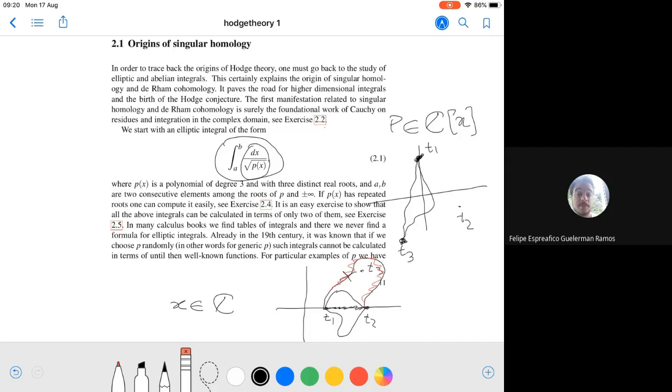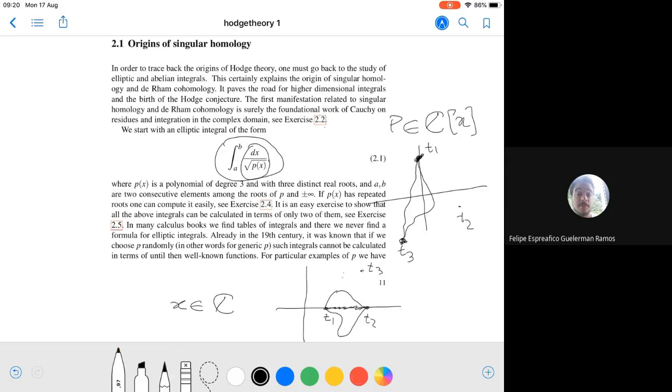So this we learn in complex analysis. Another process during the complexification of these integrals is the introduction of this variable y.